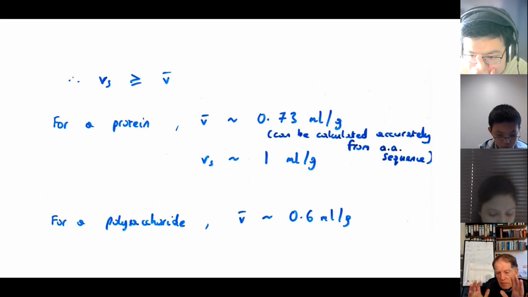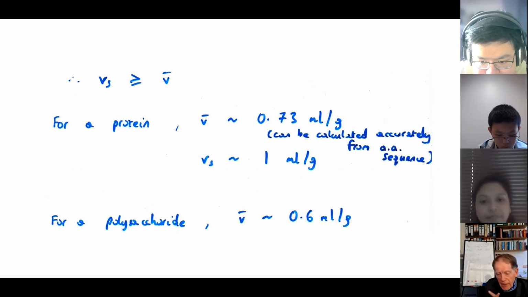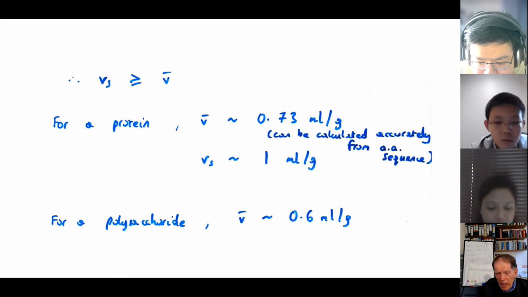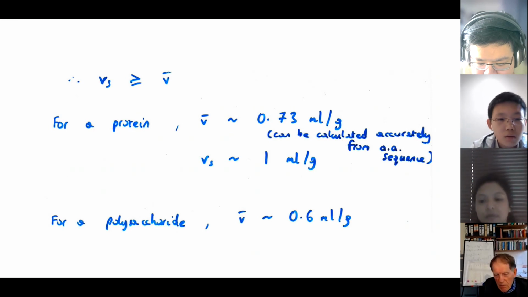And also the effect on the volumes of macromolecules, the volumes of proteins and polysaccharides, and how we represent that in terms of these specific volumes.